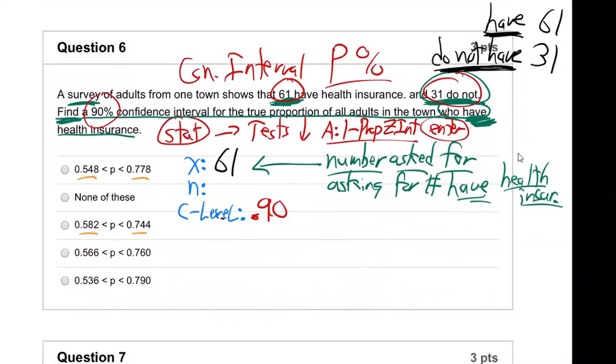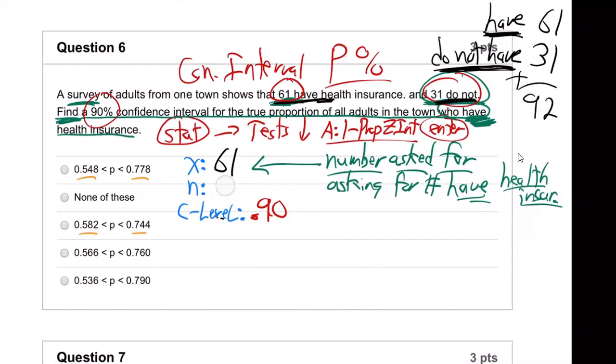I've got to read better. 61 have it. I just flew over those words, honestly, and I just thought it was 61 total. It's not 61 total. I better read more carefully. I just was assuming because they usually give us the total, you know? That's not good on my part. And anyway, I hope it's instructive for you with all my bobbling around here. 61 have, 31 do not have. So then if you add that up, the total is 92.